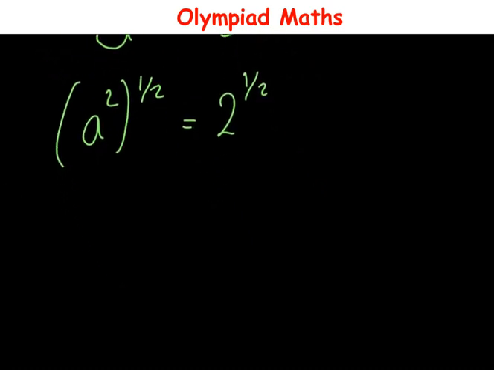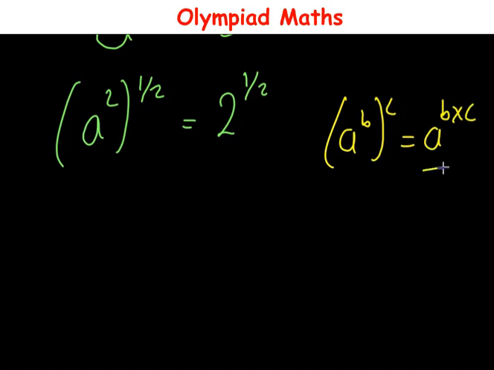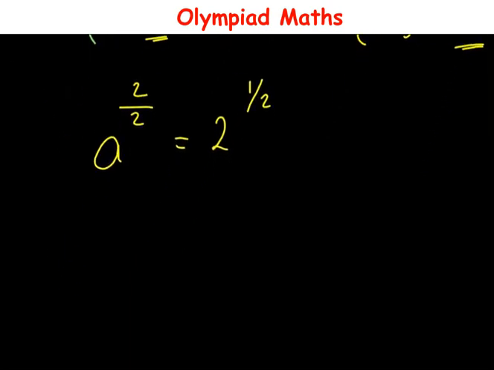Then applying this rule of indices, that if you have a raised to power b, all raised to power c, this equals a raised to power b times c. Power 2 multiplies 1 over 2. We have a raised to power 2 times 1 over 2, which is 2 over 2, equal to 2 raised to power 1 over 2. Now 2 divided by 2, we have power of 1, equal to 2 raised to power 1 over 2.